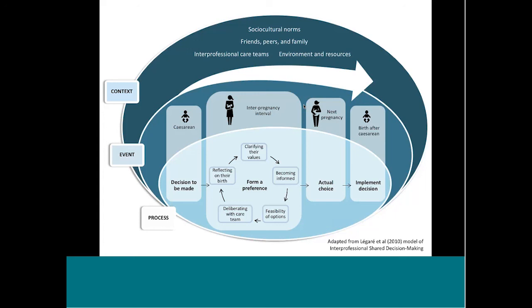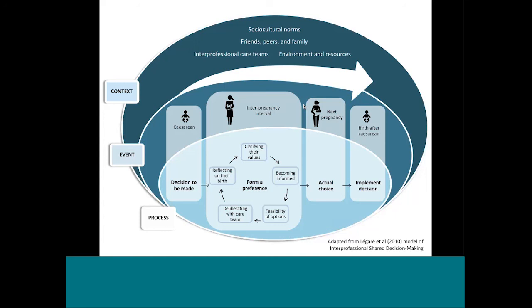For that becoming informed stage, we also learned that women primarily went to friends, peers, and family for information in between pregnancies. And often that information was sought out to provide comfort and a sense of community, but it also contained information about their future options. It was often unbalanced and inaccurate.